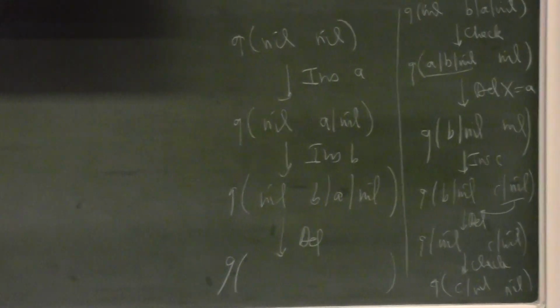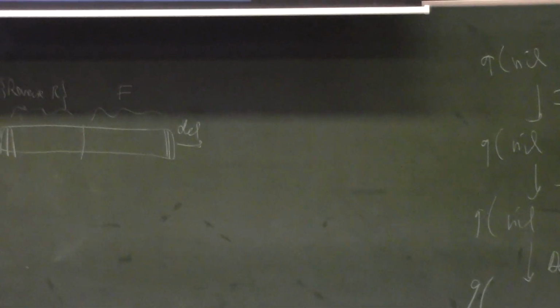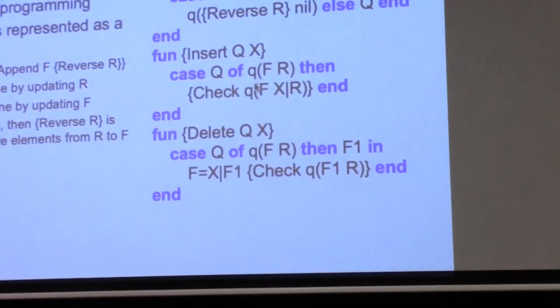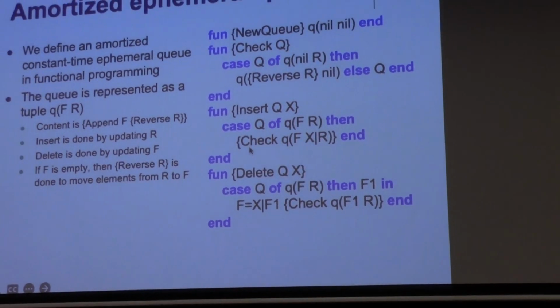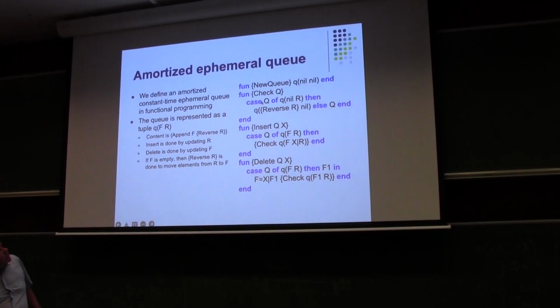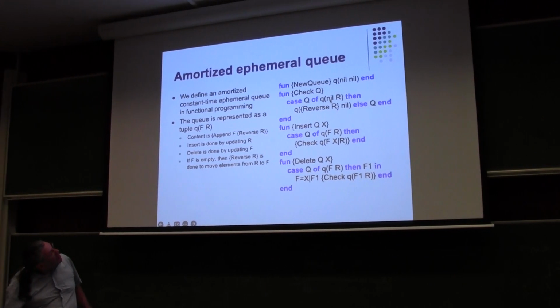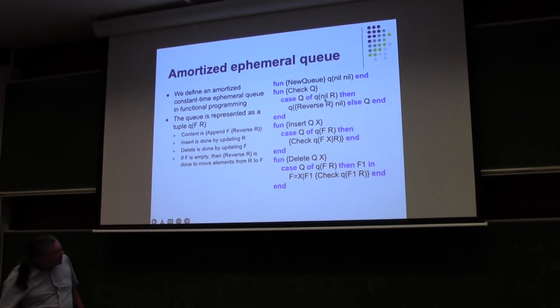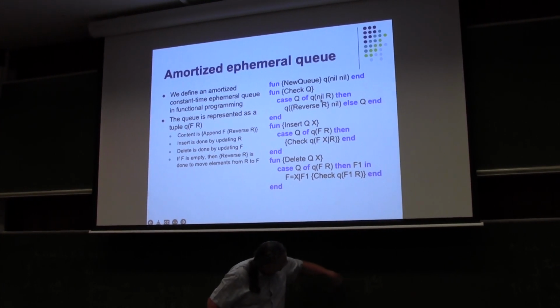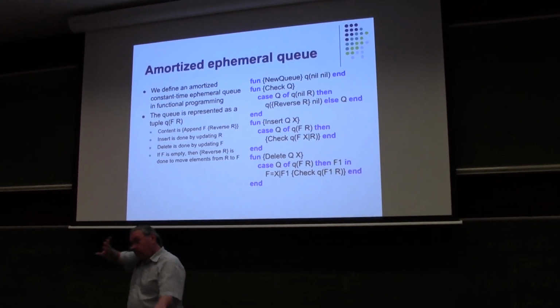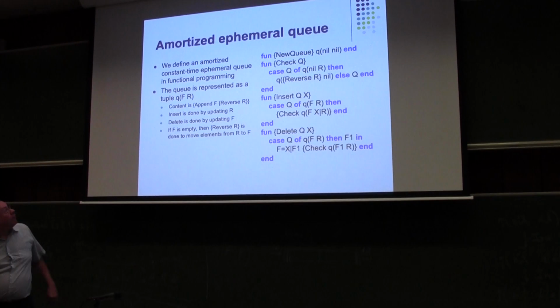So the way it works, so let me show you now the code here. So I do an insert. FR becomes FX bar R, but I run check. And check will do the following. If the F is nil, that means if this is empty, if I've exhausted the deletes, I can't do any more deletes, then I move the R's over.